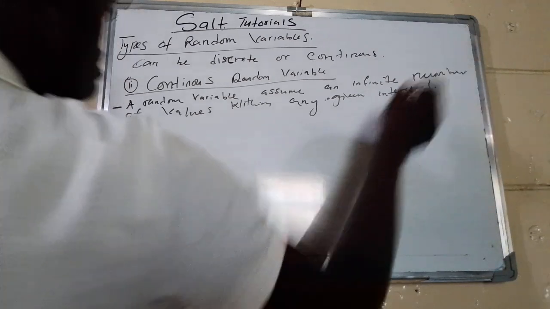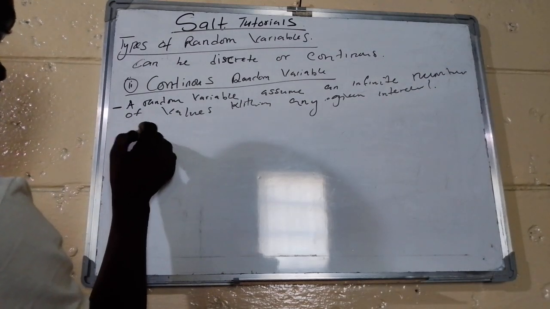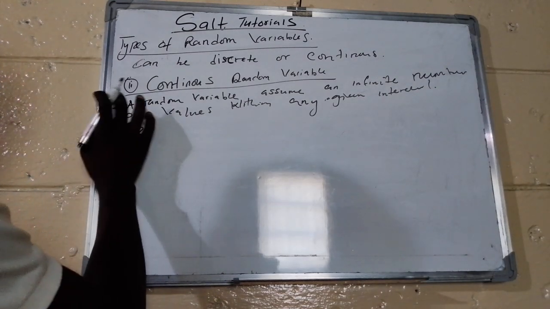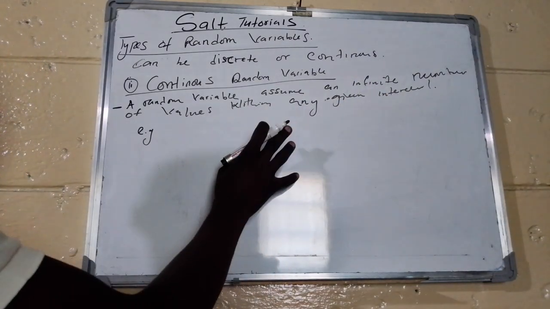So what does this mean? I can give a certain interval, maybe from 0, for example. There's a case whereby this random variable can assume an infinite number of values within any given interval.